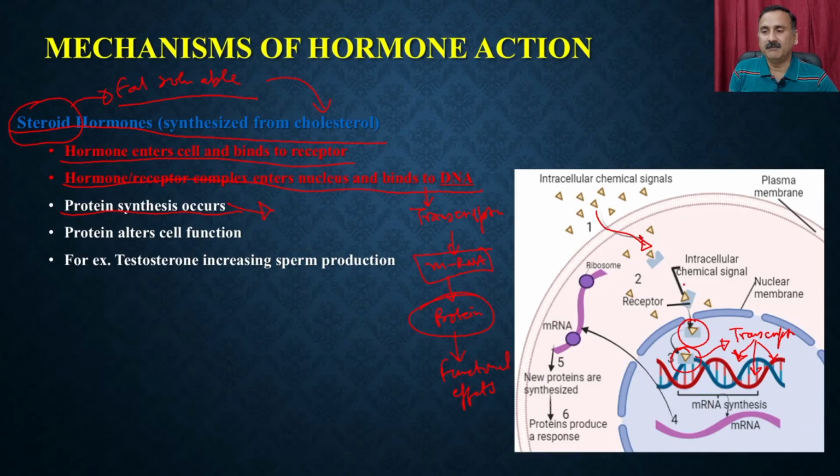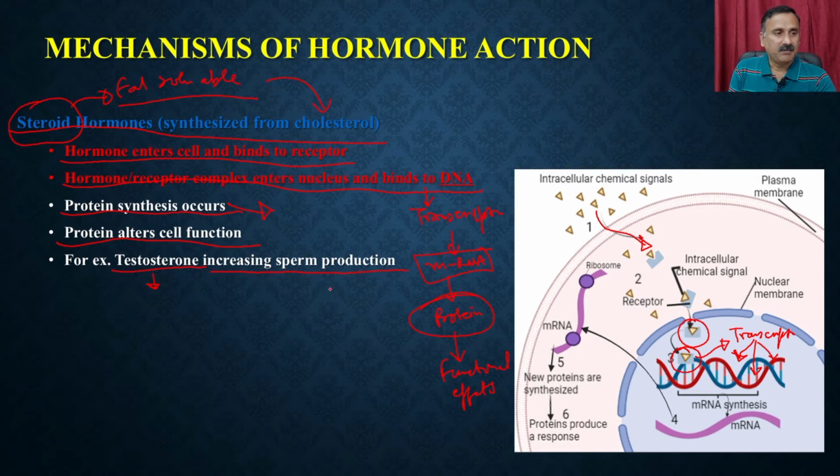So there could be a complete change of the protein content within the cell, and that's how the cell may give you a very diversified phenotype. So protein will alter the cellular functions, and for example, testosterone is a steroid hormone, and that will increase sperm production.